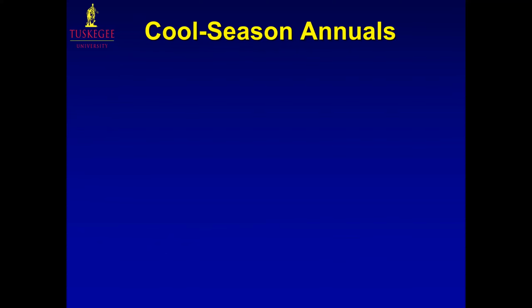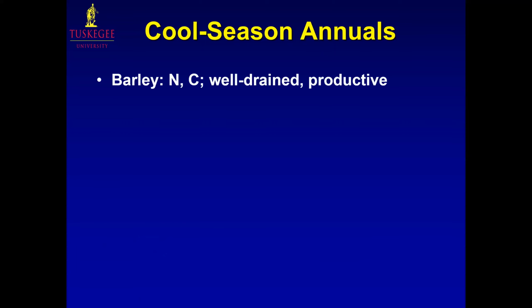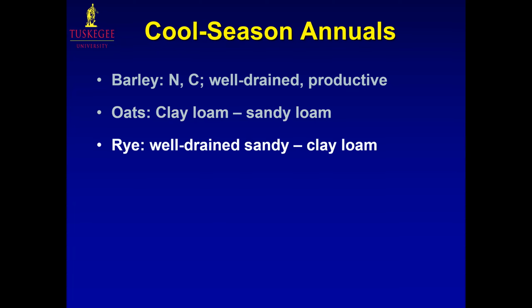Another group will be the cool season annual grass species. One is barley, which will be suitable towards the northern portion of the state, and it will require well-drained, productive soil. Oats will be good for clay loam to sandy loam soil, and can be grown pretty much throughout the state. Rye, this is the forage rye, will require well-drained soil, sandy to clay loam.